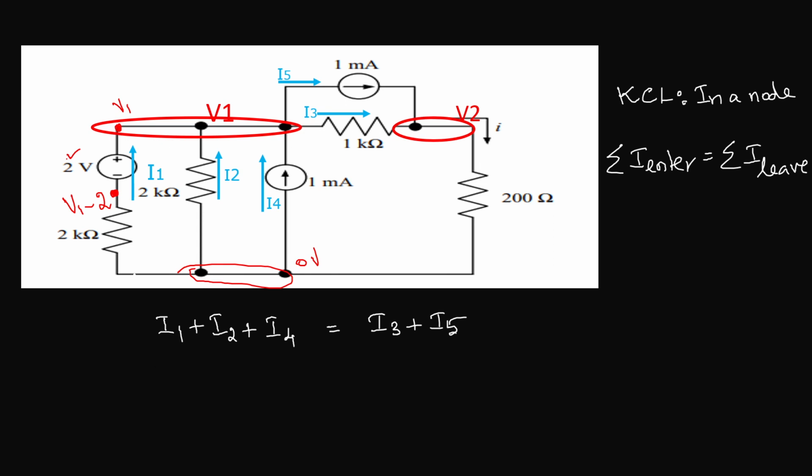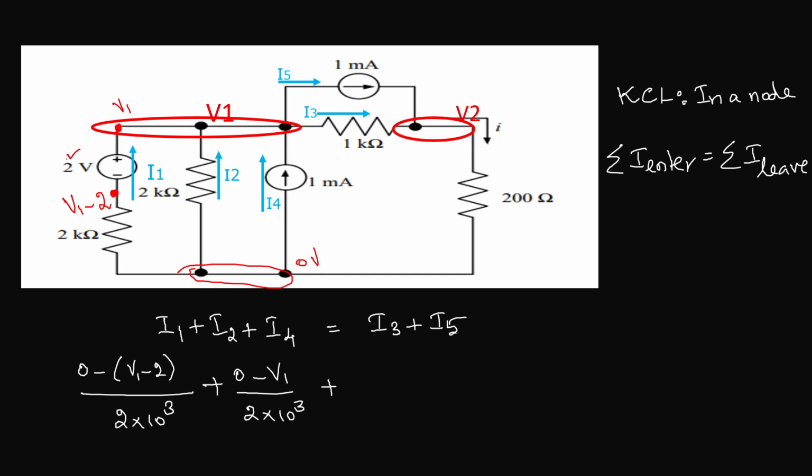Now we apply Ohm's law. Here I1 is flowing from the 0 potential to V1 minus 2, so it is 0 minus (V1 minus 2) divided by the resistance 2K, that is 2 into 10 power 3. Plus I2 is flowing from 0 to V1 potential, so it is 0 minus V1 divided by 2 into 10 power 3.